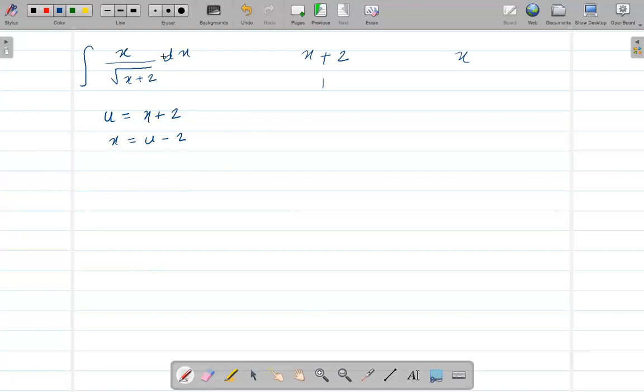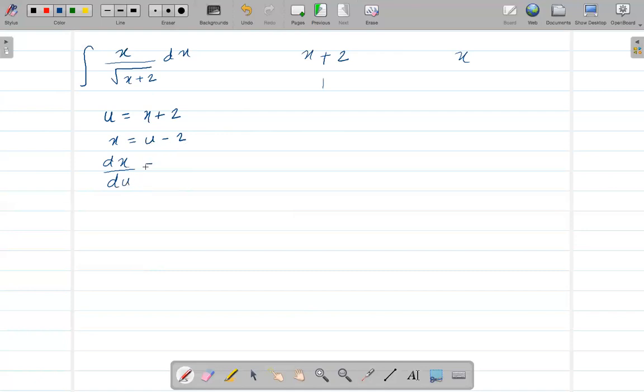But what about dx? What can we do with dx? Well, I can take dx over du, because we have x equal to this whole thing in u. So I'm taking the derivative of this x equation, dx over du, which is why you have du on the bottom.